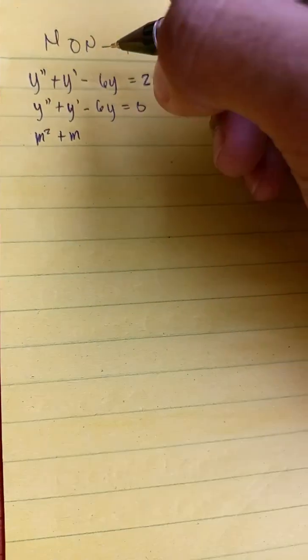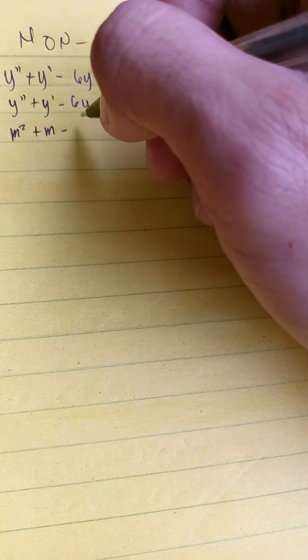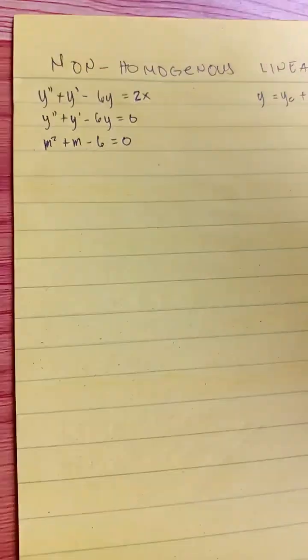let's replace the y double prime and the y prime with m. Then this will become m squared plus m minus 6 equals 0.